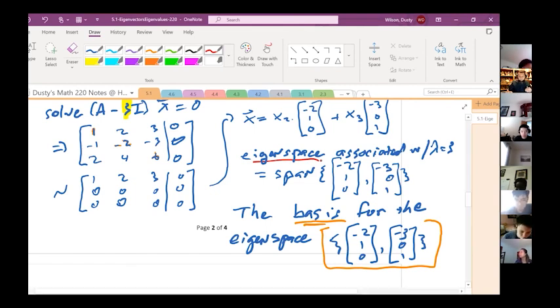Yes, the space has 0, but what I was pushing for, Anthony and Twee and I think Felix got, is that the basis is just 2 vectors, whereas the eigenspace is a whole subspace. It's got an infinite number of vectors in it.